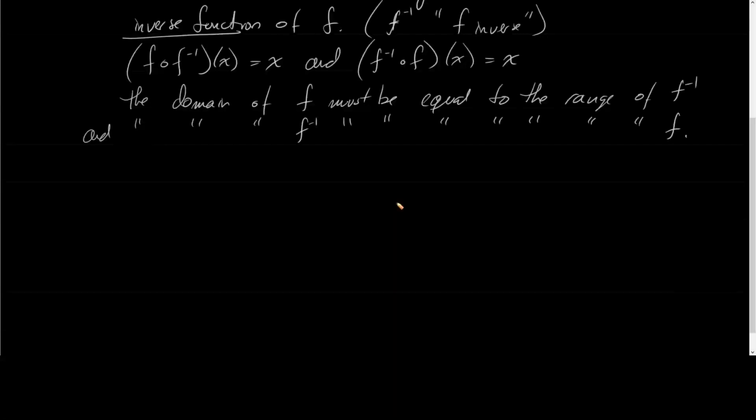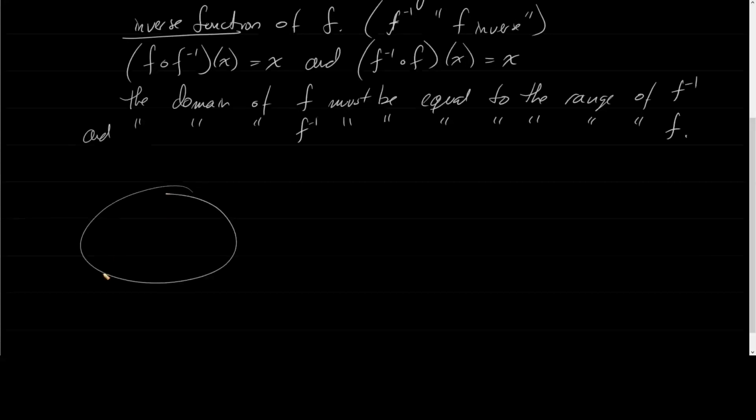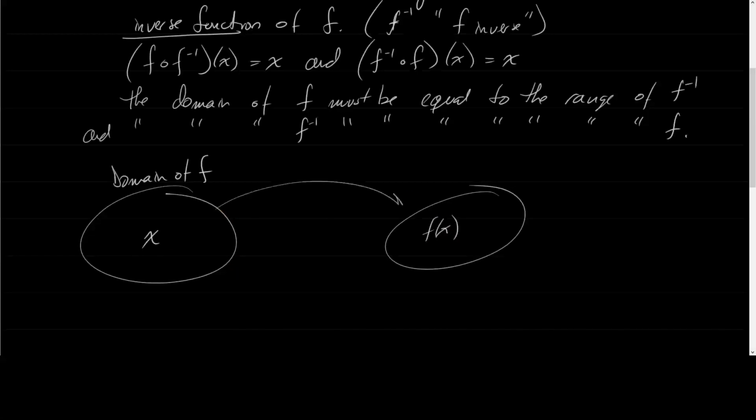So let's say, for example, that here is the domain of f. All right, and we have some x here. Now we're going to go from x to f of x using the function f. And now over here, this is our range of f.